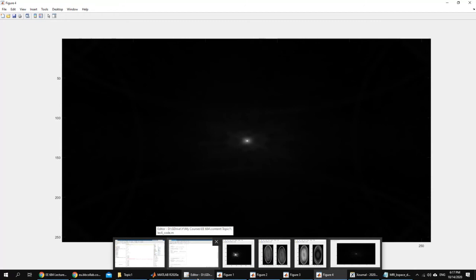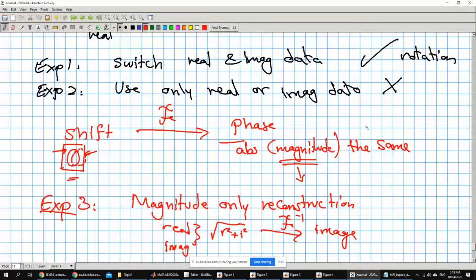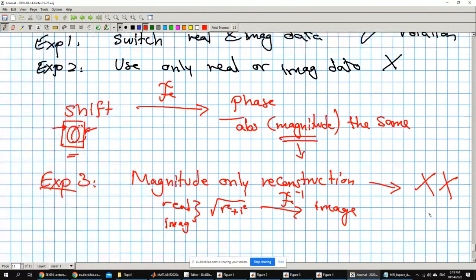Basically the real part and the imaginary part, if you remember the Euler identity, x plus jy is equal to magnitude times e to the j phase. Very bad result here, okay?